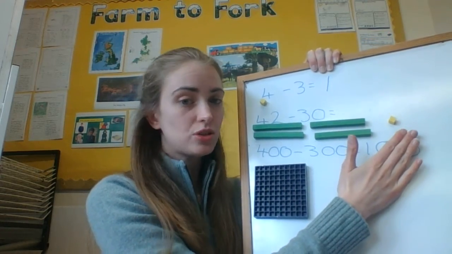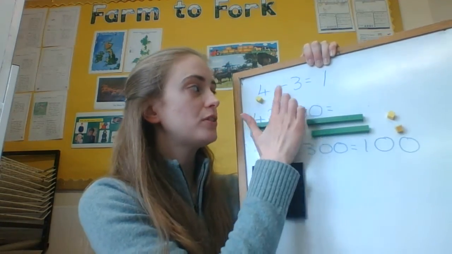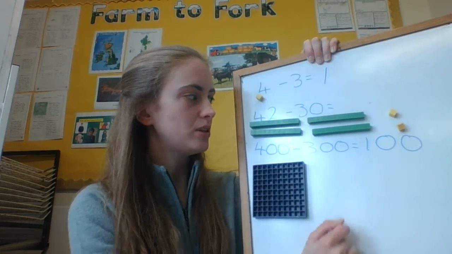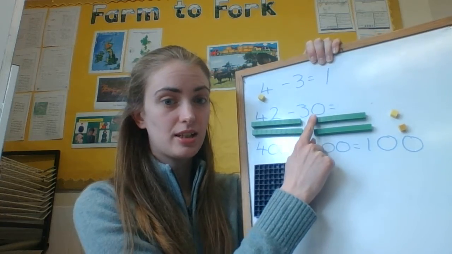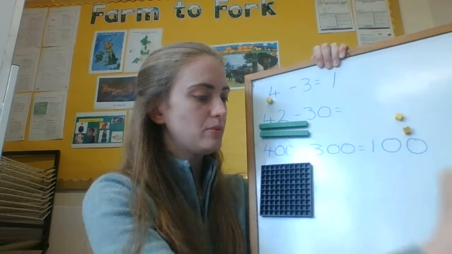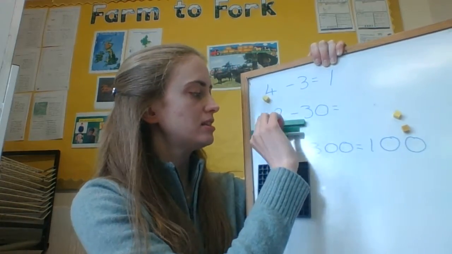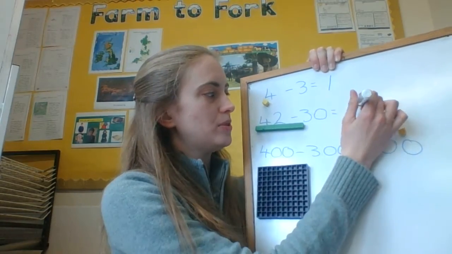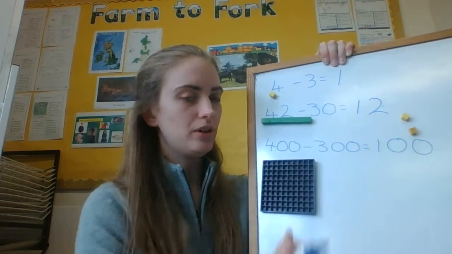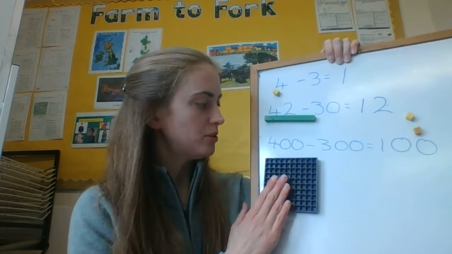The ones don't change. So my 4 take away 3 can still help us because we're just looking at the tens. We're only subtracting tens. So I take away my 3 tens, and I've still got 1 ten and we just keep the ones. 12.